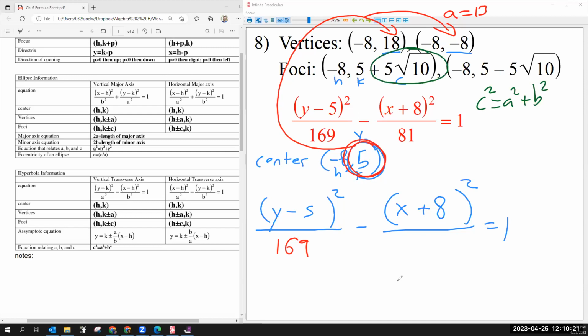We had one of those last time. I have to square the number in front. 5 squared is 25. Square root of 10, which is 10. 25 times 10 is 250. We already know a squared is 169 plus b squared.